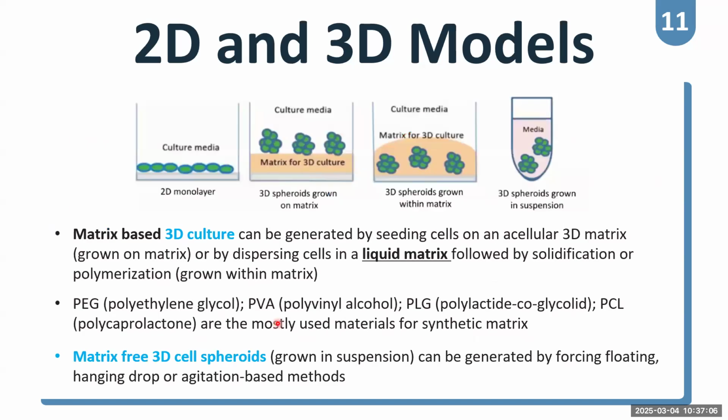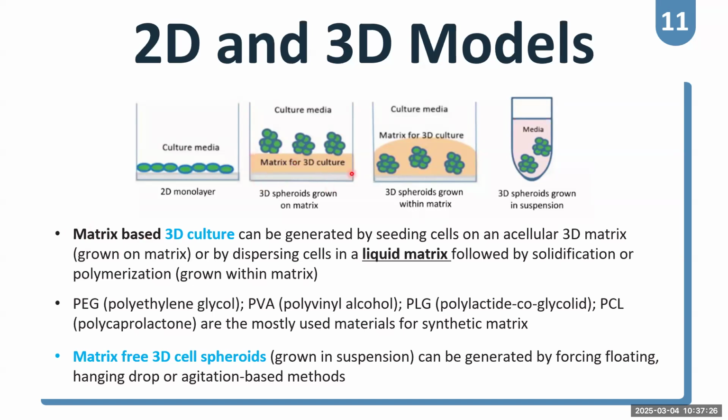This slide shows the structure compared to the monolayer, but when you want to do the 3D model, you have to make some structure for the cells. For example, we use a matrix base, for example matrix gel.